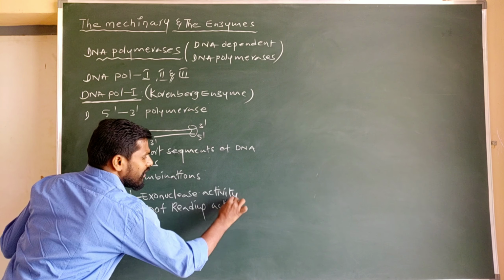By this activity, DNA pol 1 identifies mismatched base pairs during the process of replication carried out by DNA pol 3.